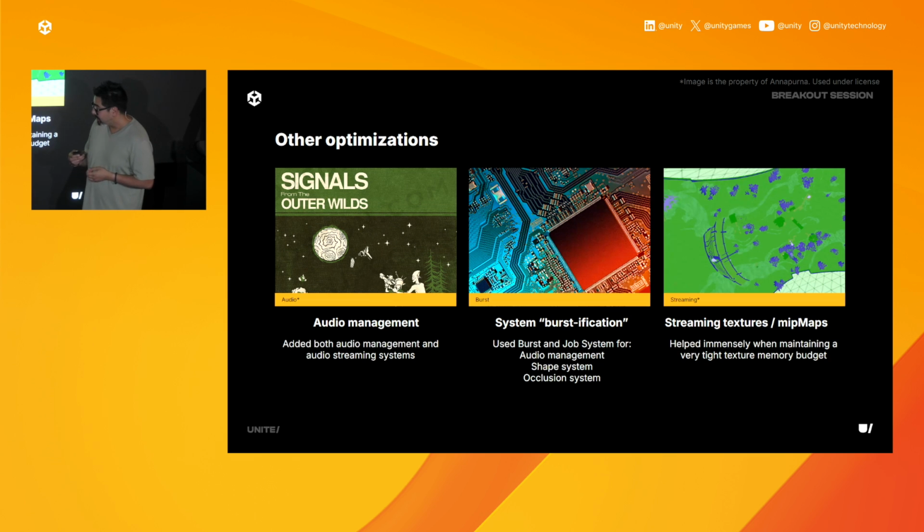And of course, we also added this to a Mobius implementation, a system they referred to as a shape system, which was prime for burstification, which actually improved our fixed update significantly. And finally, enabling streaming textures and mipmaps helped us immensely, just to maintain a strict texture memory.